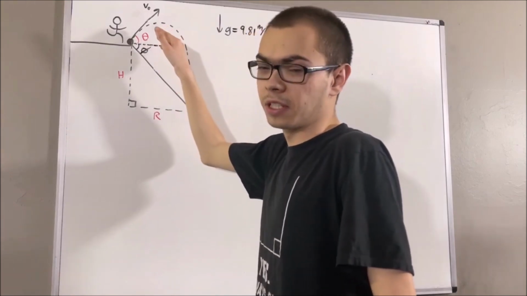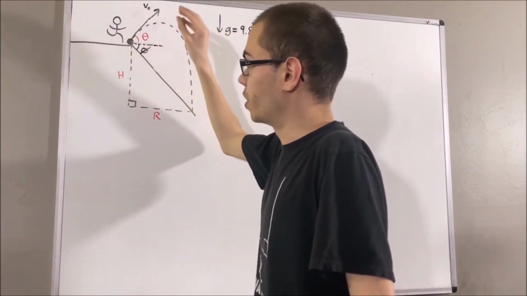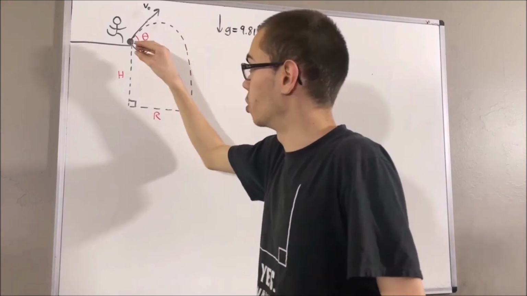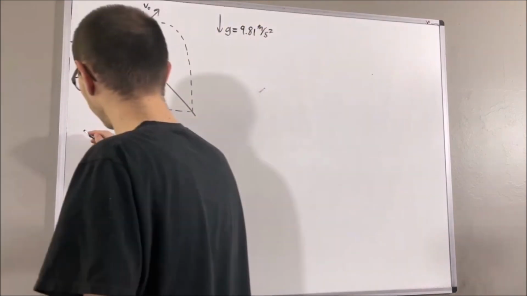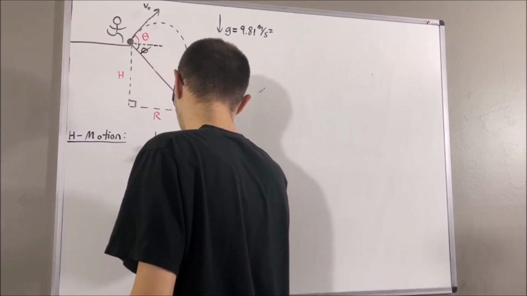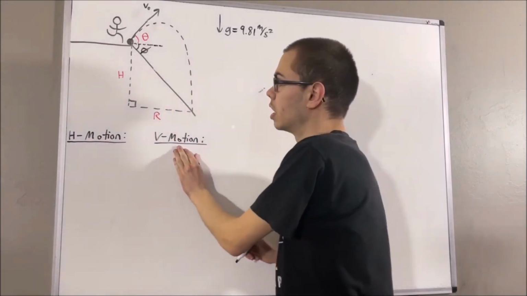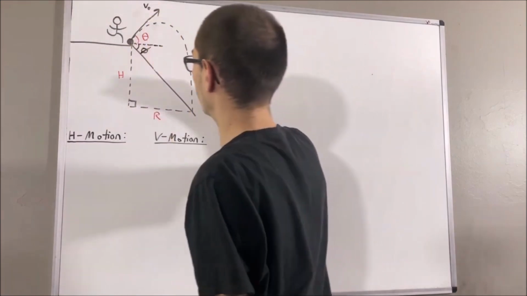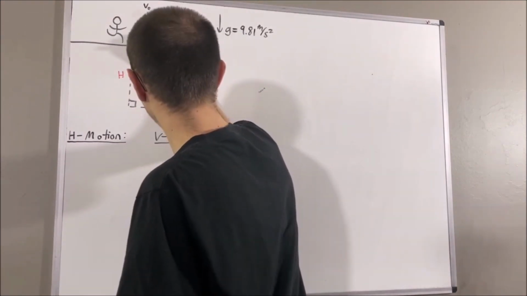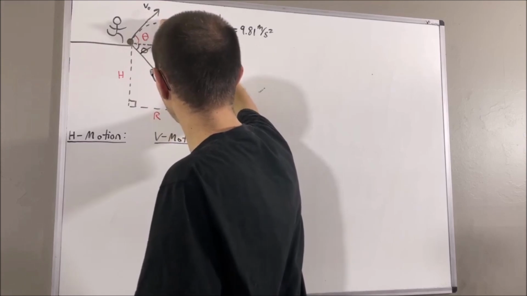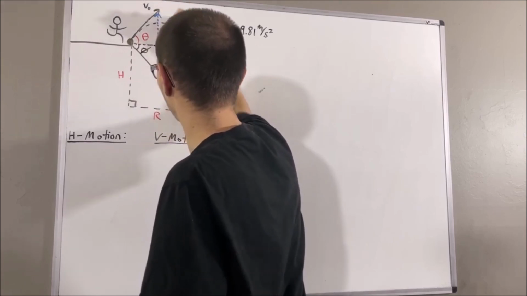To figure that out, we're going to consider both the horizontal and vertical motion of the ball while it's in the air. To consider both the horizontal motion and the vertical motion of the ball, let's break up the velocity vector into its components. Here we have the horizontal component, and here we have the vertical component.